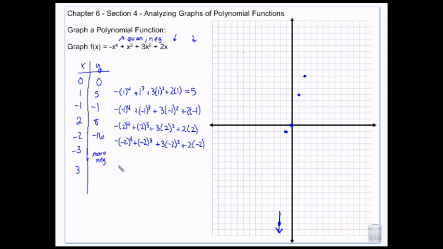So I'll put in a positive 3. Okay, 3 to the 4th, I have 3, 9, 27, 81. So it's negative 81 plus 27, which is, I'm going to do this on the calculator so I don't mess up.